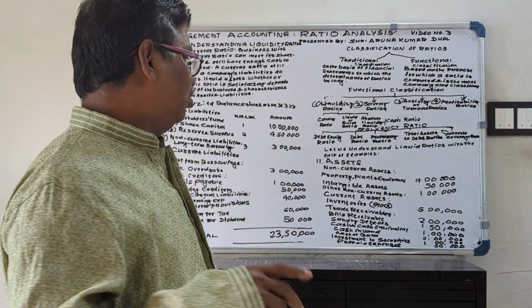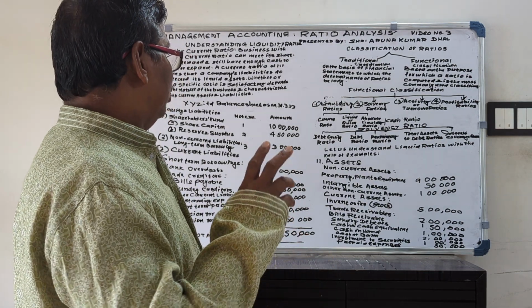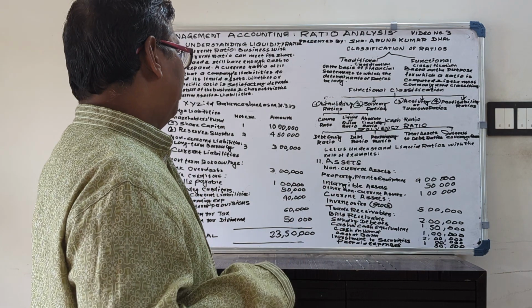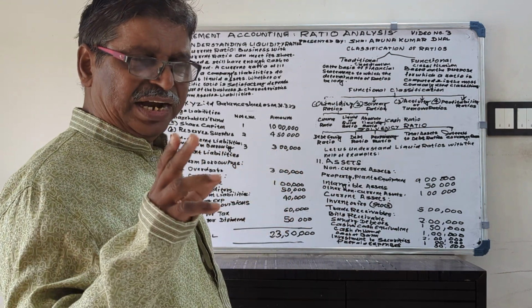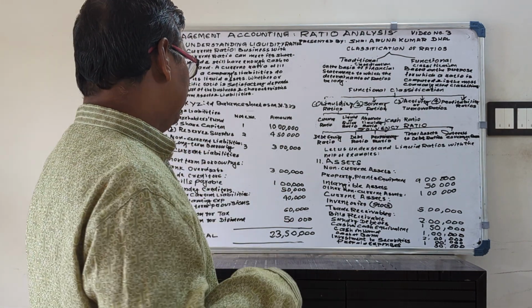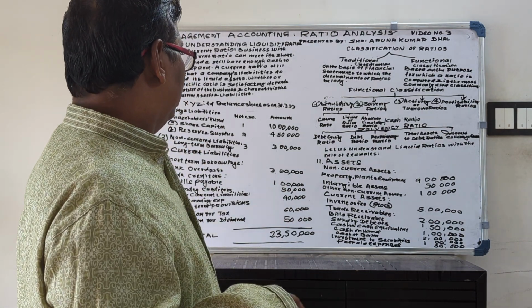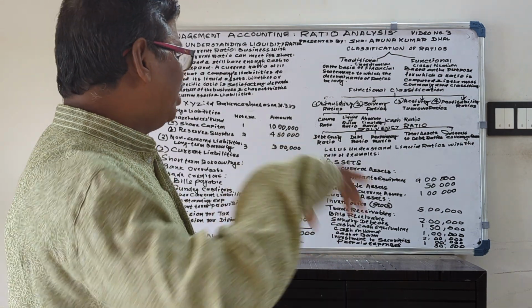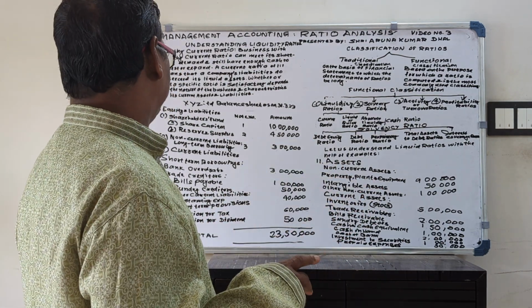Under current ratio, we take current assets divided by current liabilities, and the ideal ratio or rule of thumb is 2:1. That means current assets are twice the current liabilities.